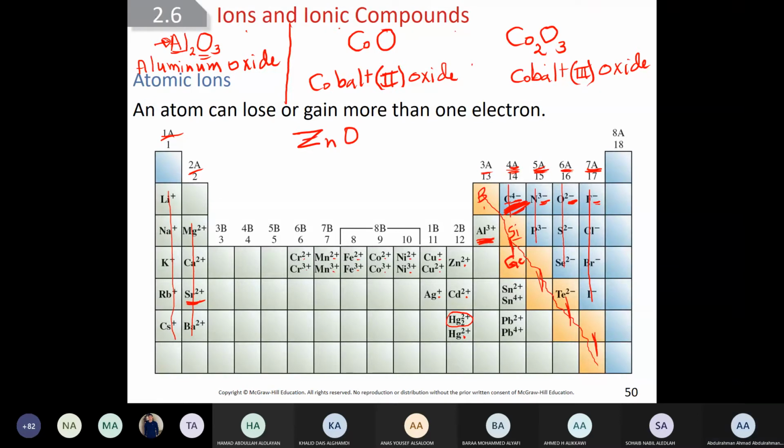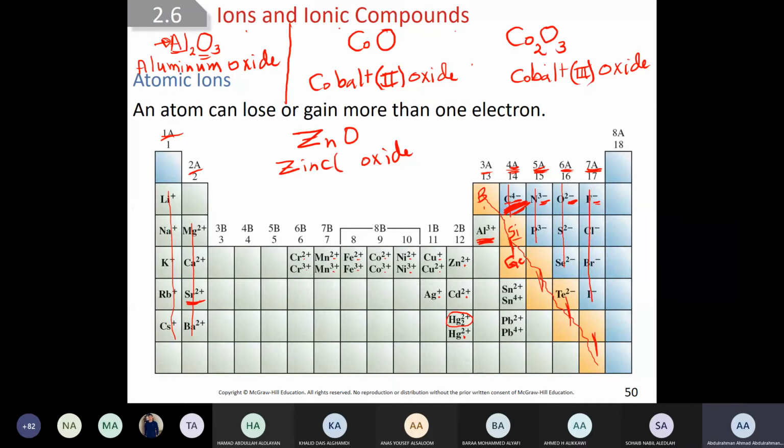Even for zinc oxide, I can write it like this. It is correct. But can I also write it like this? What's the name of this compound? Zinc oxide. Why is saying zinc oxide possible? Because there's only one charge.